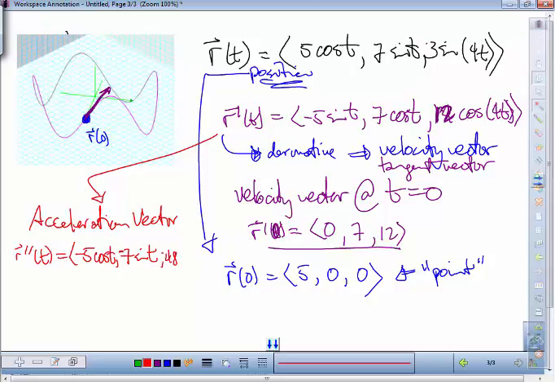Negative 48 sine 4t. So the z is going to do whatever the z is going to do, but if you look at the x and the y, compare it to the position function, it's going in the opposite direction. So you can see that centrifugal force pulling back in. So that's your acceleration.